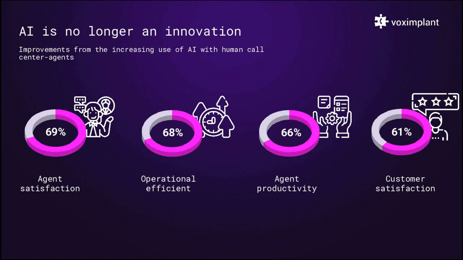American Express found that 78% of customers have not made an intended purchase because of poor service experience. And according to Forrester, the implementation of artificial intelligence can help us to increase our agent satisfaction up to 69%, our operational efficiency up to 68%, our agent productivity up to 66%, and our customer satisfaction up to 61%.